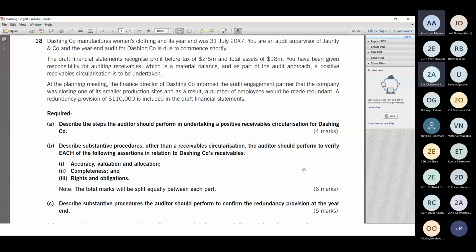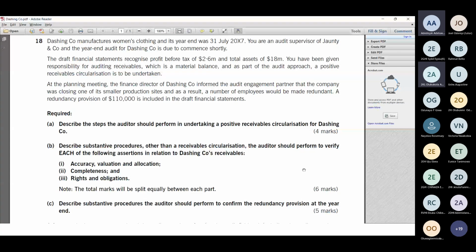No, first of all, we need to advise the management, or the finance director, that they should adjust the provisions, or they should add 195,000 to the 110,000. And if they refuse to do that, then a modified opinion will be adequate due to material misstatement.